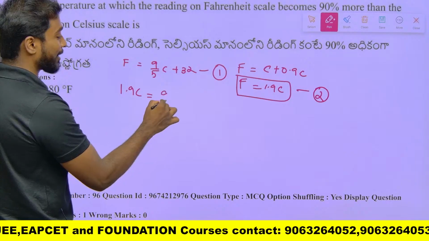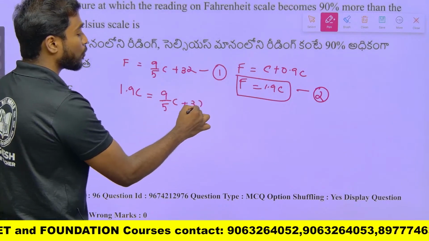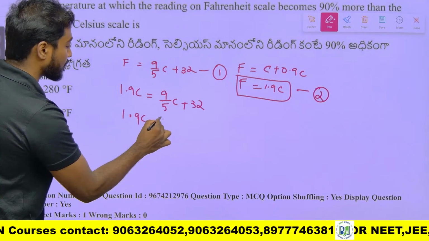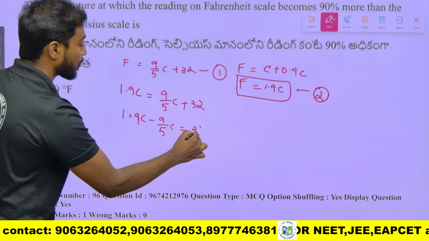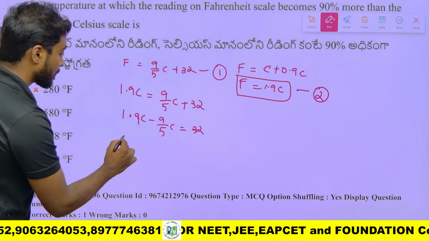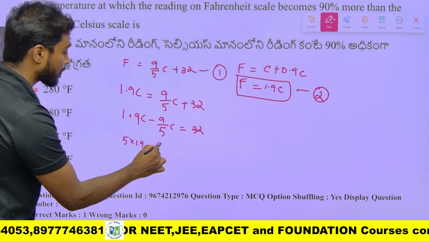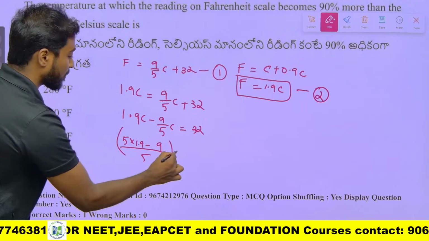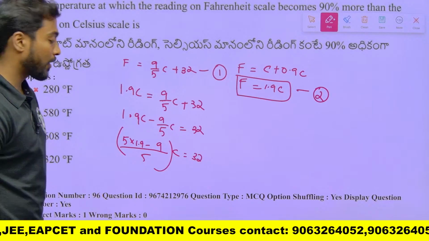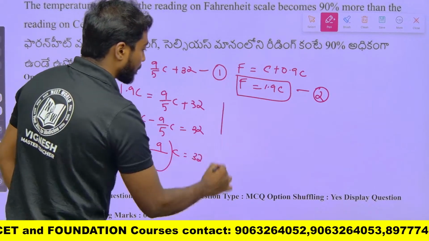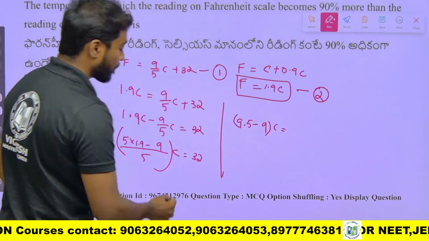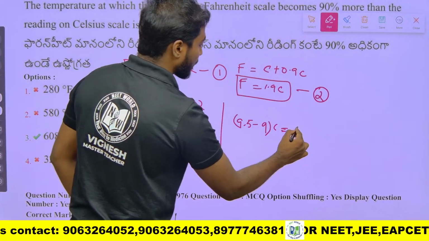1.9C is equals to 9 by 5 C plus 32, so if I take 1.9C minus 9 by 5 C, it is equals to 32. So (5 into 1.9 minus 9) by 5, the C is equals to 32. 5 into 1.9 is 9.5, so I'll get 9.5 minus 9, C is equals to 32 into 5, which is 160.